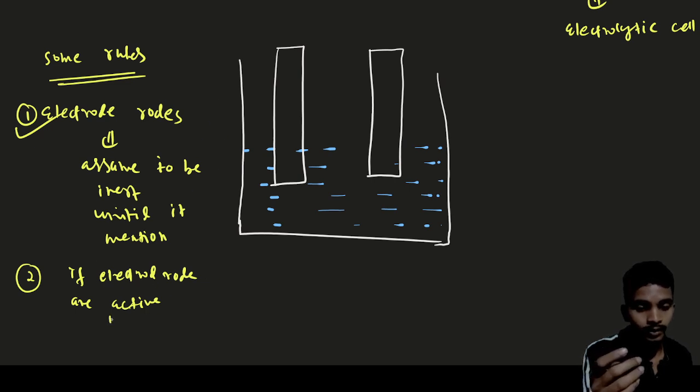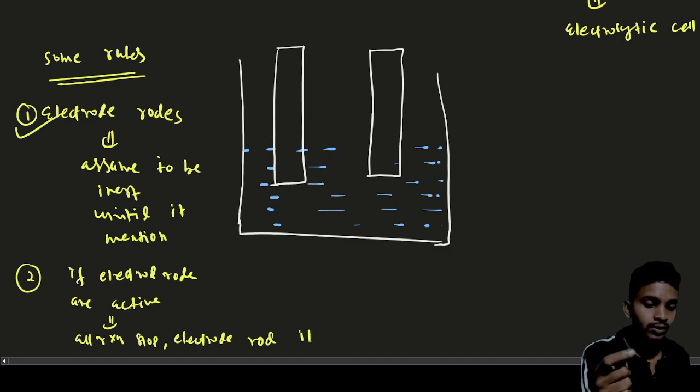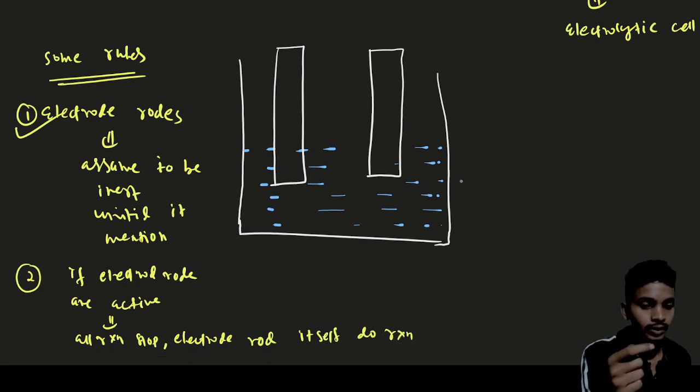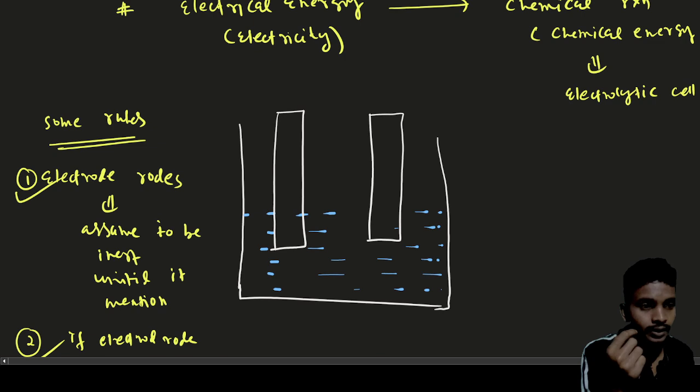If electrode rods are active, then all other reactions stop, and the electrode rod itself does the reaction. So this is one assumption we have to make, that electrodes are inert until not mentioned. So now, for electrolytic cells, this is the electrolytic cell.